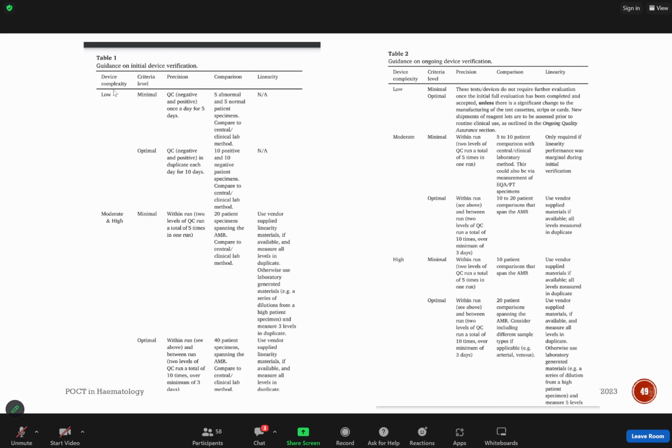Okay, this is actually suggested in one journal. What are the verifications? They propose two steps. This is the initial step.